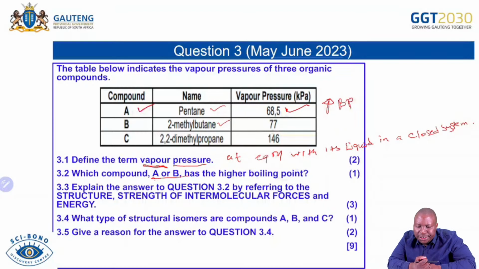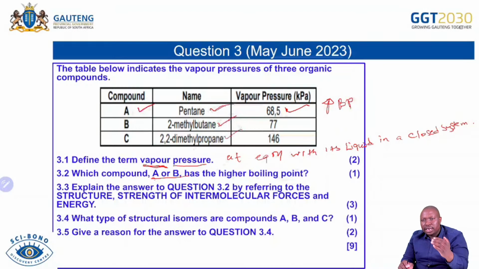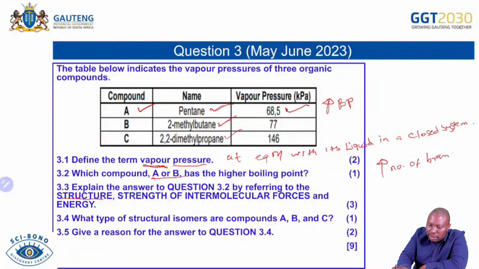Explain the answer to question 3.2 by referring to the structure. The first thing, you are going to look at the structure, which is our independent variable, to see what is different in these structures. You can see pentane has no branch, then 1 branch, and then 2 branches. So we are increasing the number of branches.